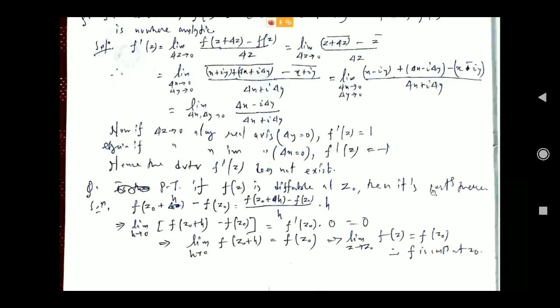This result is the same as for real variable functions. In real variables also we have this same result, that if a function is differentiable at a point, it is continuous there. In the case of complex variables also it is true. Here is the proof.